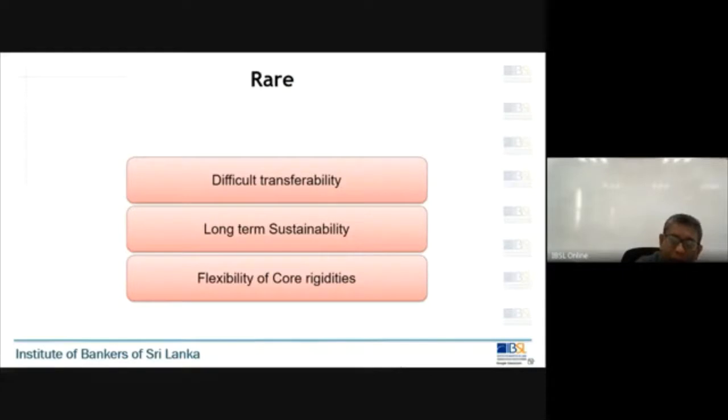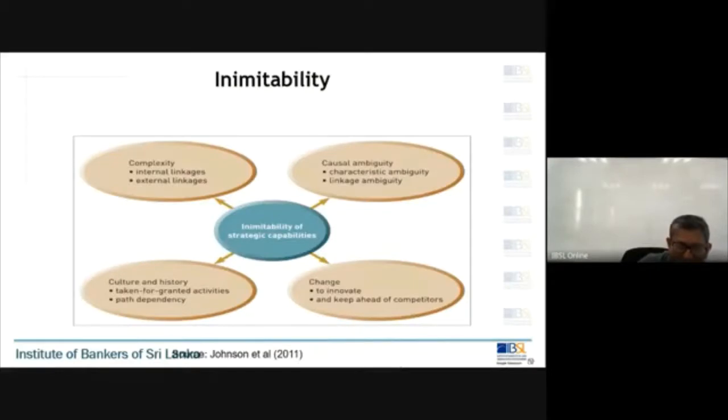Next one, rare. Difficult transferability, long-term sustainability and flexibility of core entities. So your products and resources are very rare.